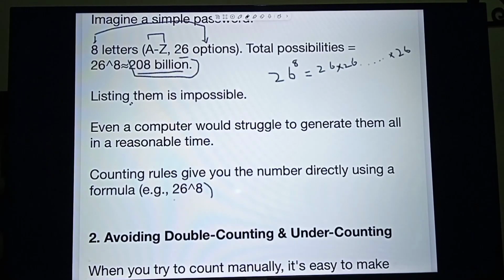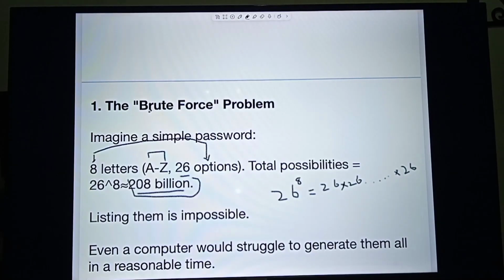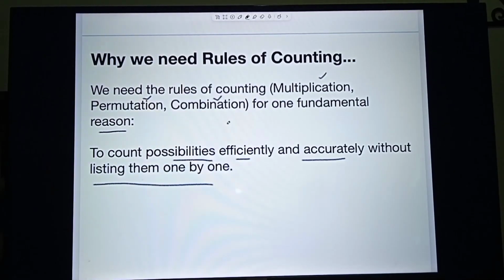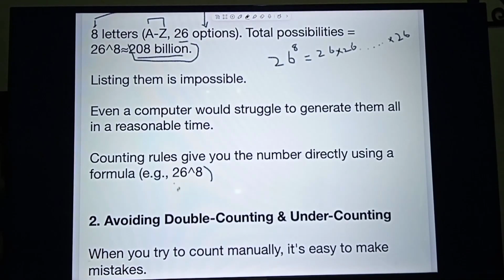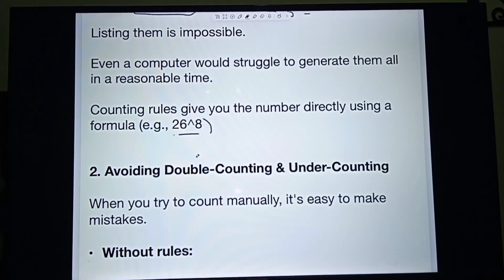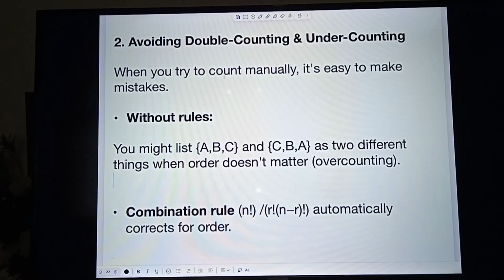Okay, so this is one way we can avoid listing all possibilities using these rules of counting. The rule of multiplication just gives us all possible outcomes, and we don't need to list them. We can also avoid double counting or undercounting.